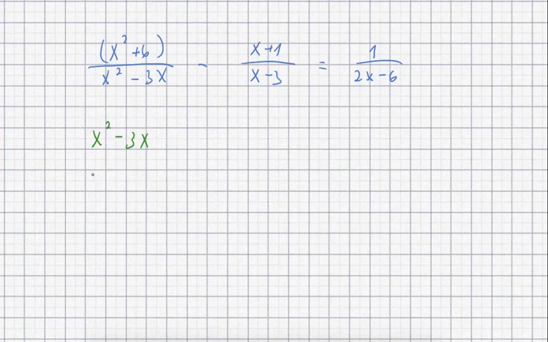Okay, x times x. 3 times x. X on the outside, and then x minus 3. X minus 3. And yeah, so 2 times x. 2 times 3.